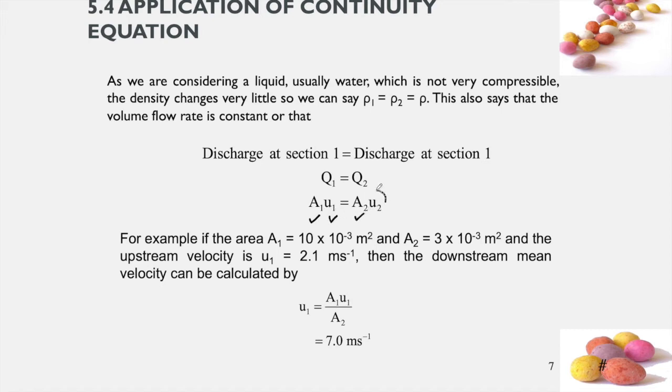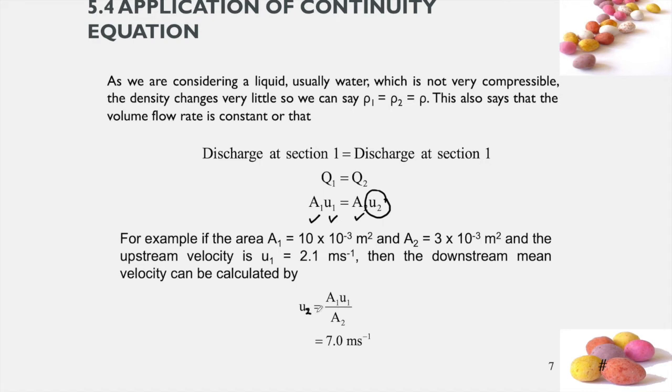But now the question asks us to find the velocity at point number 2, or the average velocity at point 2. So in order to get the average velocity at point 2, you have to rearrange this equation. It becomes, this is u2.